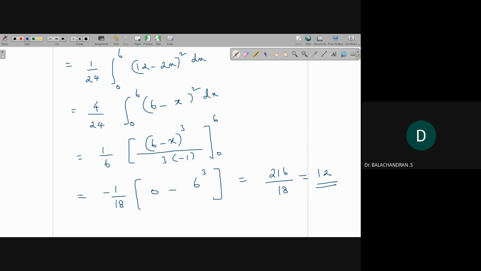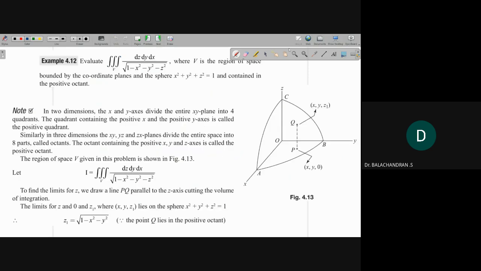So similar to this problem, the next problem is also a very similar idea. Okay. Just write the problem and draw this diagram.